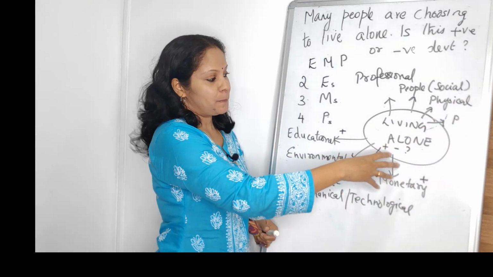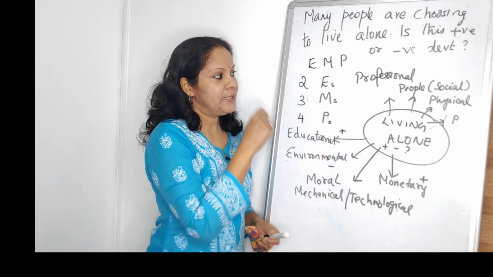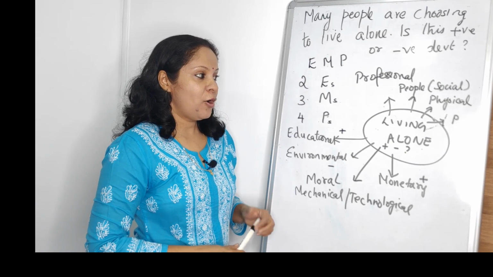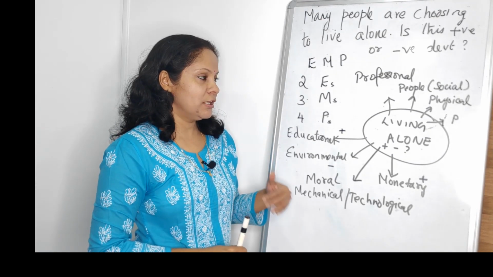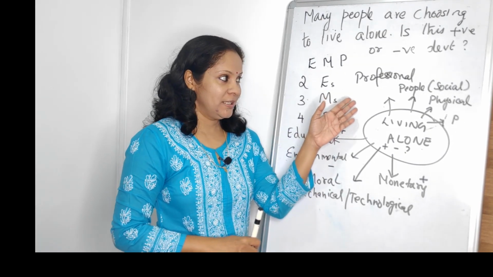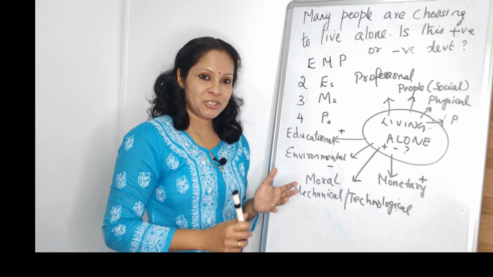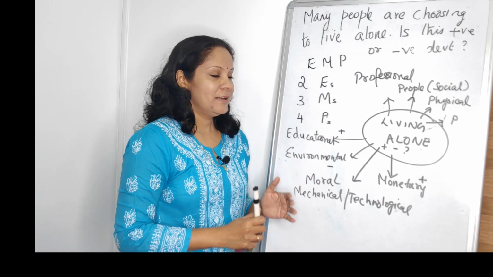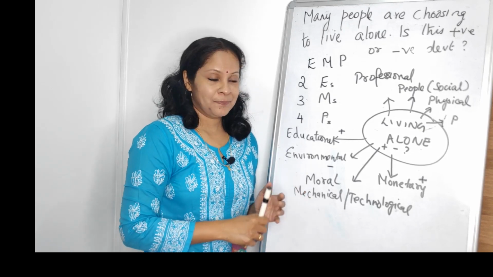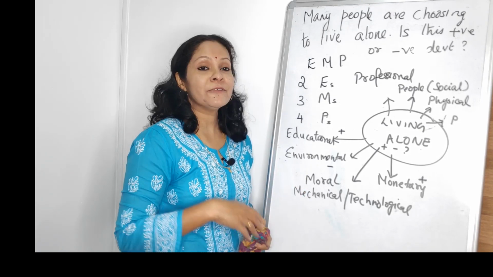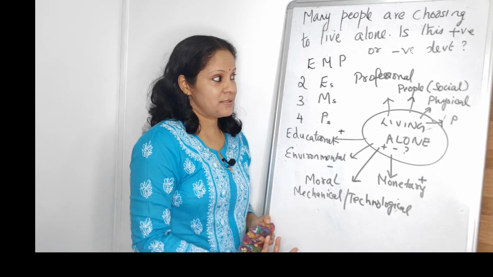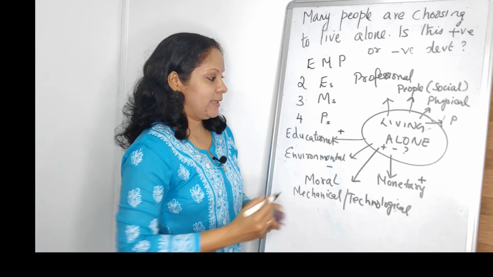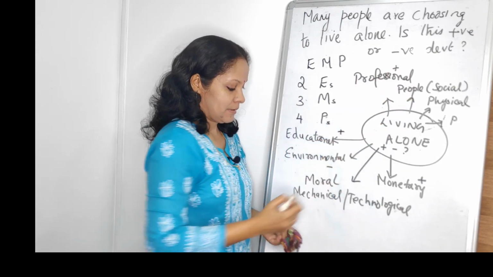If you look at this topic, living alone and any advantage on professional front, if a person lives alone, he or she will be able to devote a lot of time for his professional growth. He doesn't have to manage or find a balance between his family, relatives and his work. So a person who's living alone will definitely be able to put in more hours for his professional growth and he can achieve more, and in that way it's a plus point.